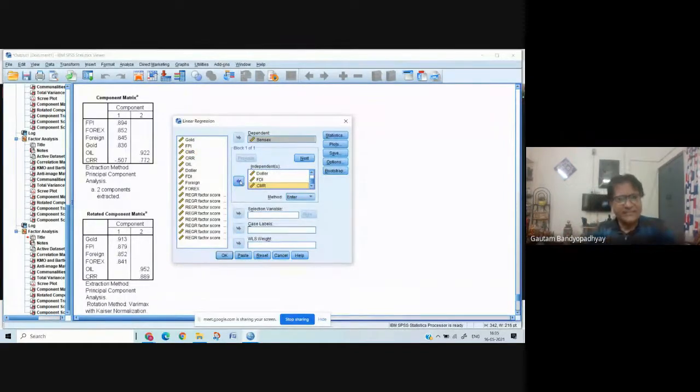So now we select these because we need a model. Initially I told you that when I took them, R square is 79.1%. So now if we click OK, what will we get?